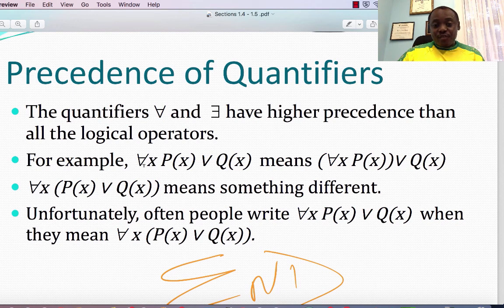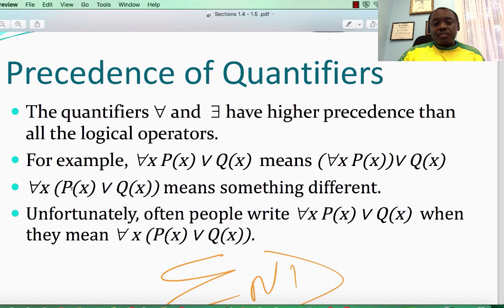So if I give you for every x, p of x or q of x, it means for every x, p of x, you have to operate this first before you do q of x. As a matter of fact, this or in your brain, you could look at it as plus. Okay, so for every x, p of x works first before I add q of x.